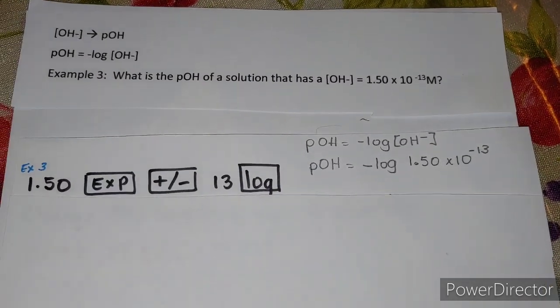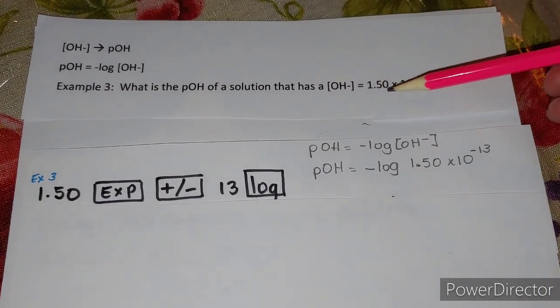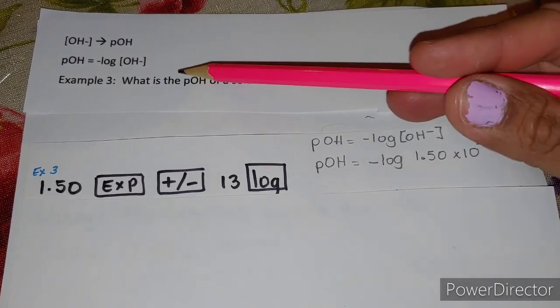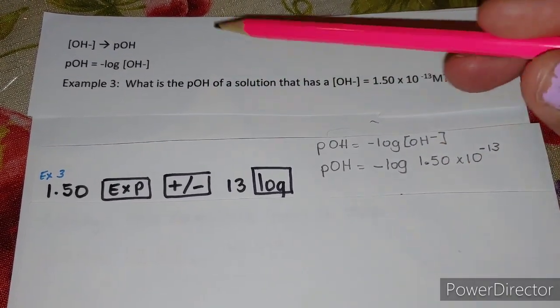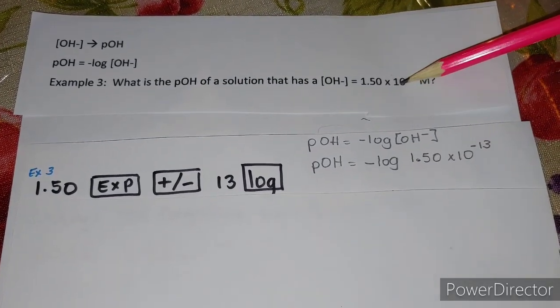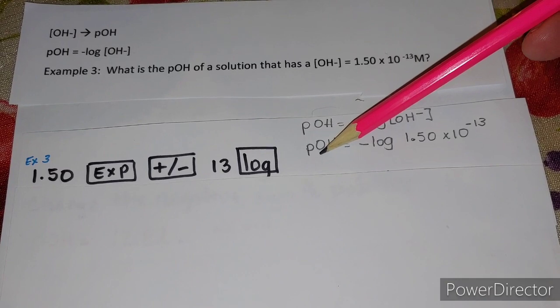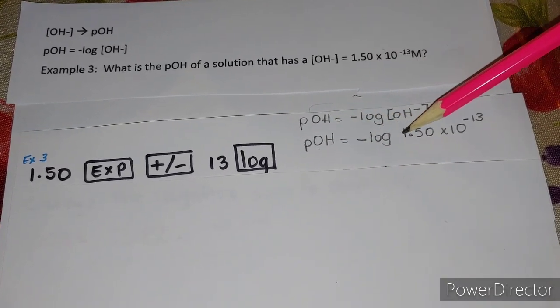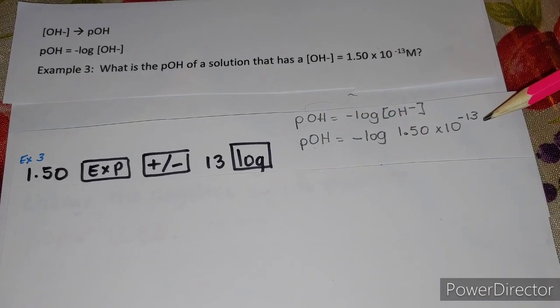Okay, so we know that they're giving us the hydroxide ion concentration. Here's our formula. All we have to do is substitute the hydroxide ion concentration by the value that's given to us in the question. So this is what it would look like. pOH is equal to the negative log of 1.50 times 10 to the negative 13.